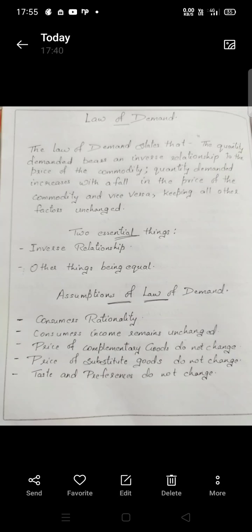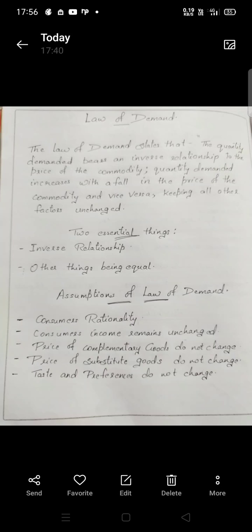Consumer's rationality implies that a person will prefer a low priced commodity to a high priced commodity, other things being equal. The remaining things will stay equal. Then consumer's income remains unchanged. If the income of a consumer is increased, he will reduce the quantity demanded due to increase in price, right?